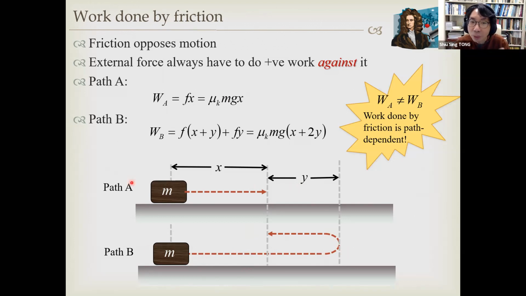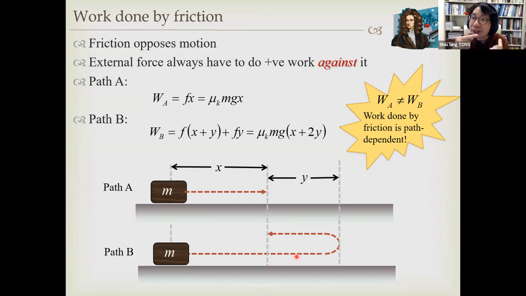Now I would say the total work done would be the sum of these two terms. When I first move the object to its maximum displacement, the frictional force has to be multiplied by the displacement, which is x plus y. But when I move it back, you should note that the frictional force is always in the opposite direction to the applied force, right? So if I move the block back, my applied force will be in a backward direction.